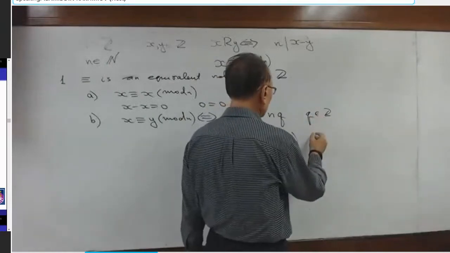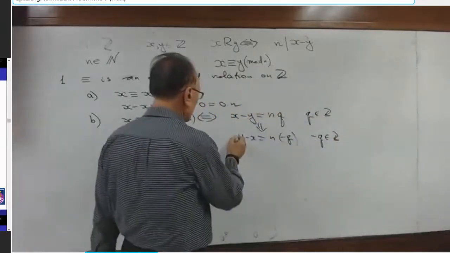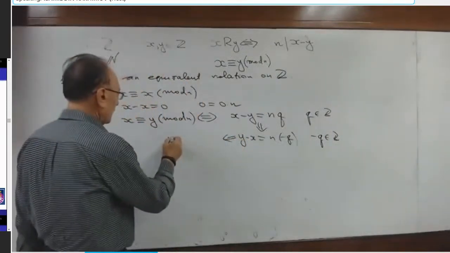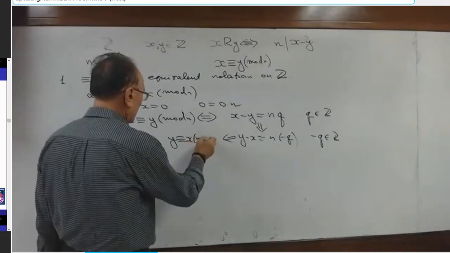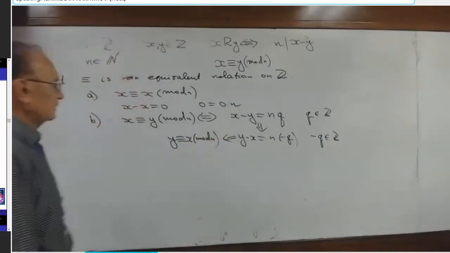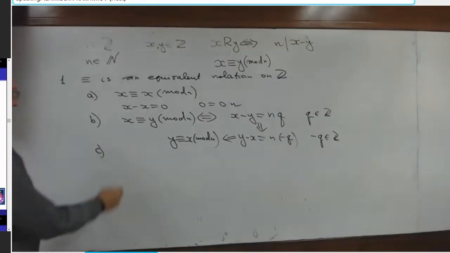If q is an integer, minus q also is an integer. So y is congruent to x mod n. This is symmetricity. Transitivity now.